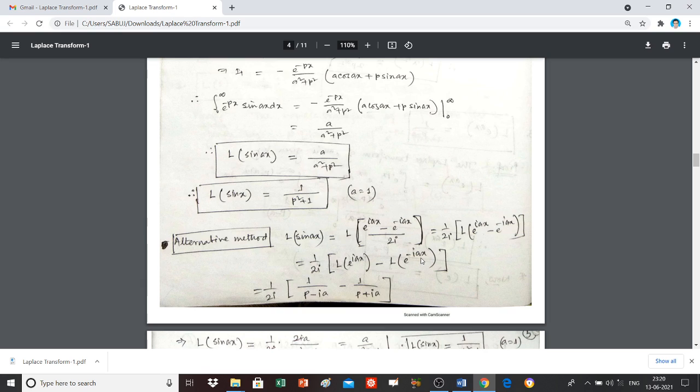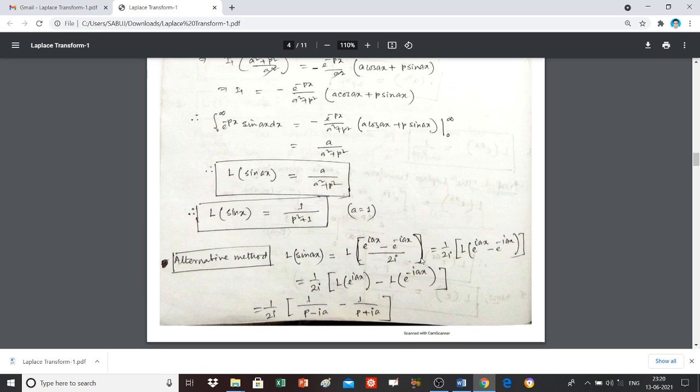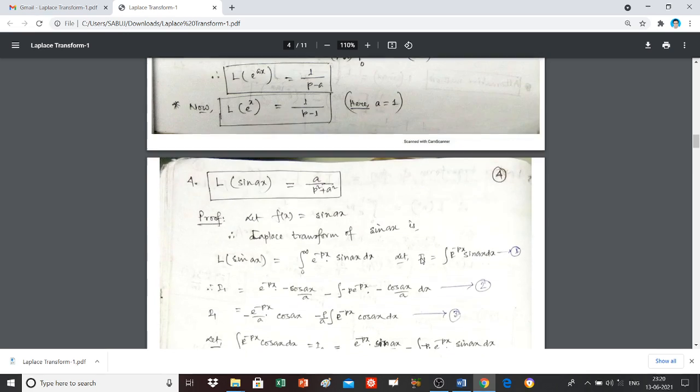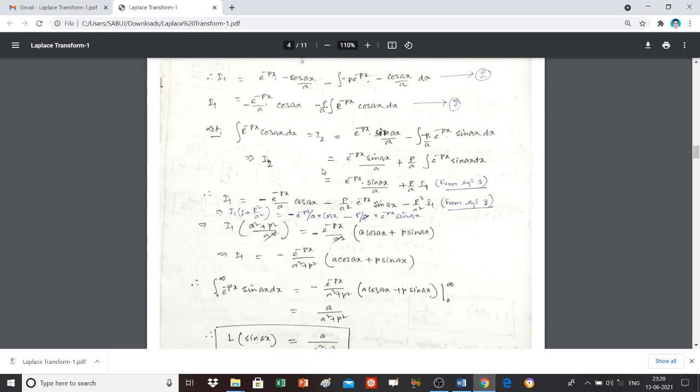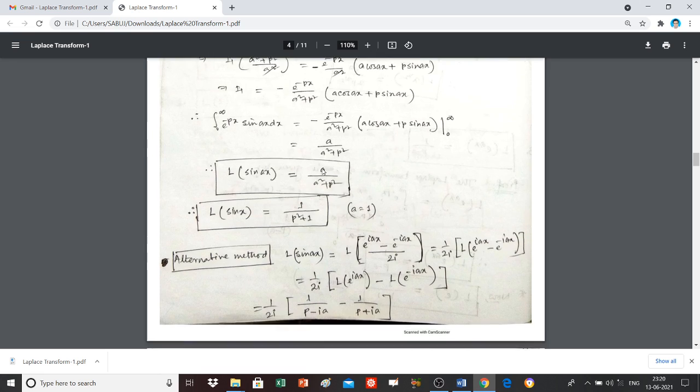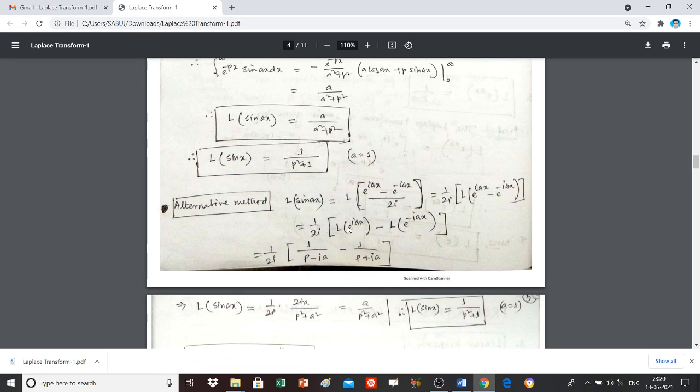You have already calculated the Laplace transform of e to the ax. What was that? The Laplace transform of e to the ax was 1 by p minus a. So in our present case, for the first transform, a is here ia.